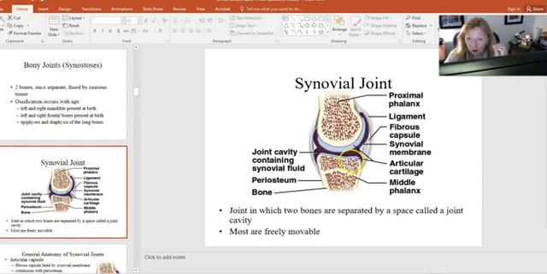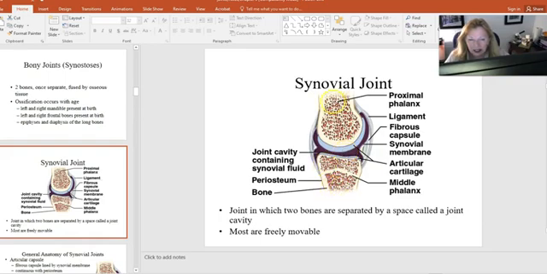All synovial joints have a pad of cartilage at the ends of the two bones that are meeting. So at every synovial joint where the two bones are meeting, there is this padded piece of cartilage at the ends of both bones. This is referred to as articular cartilage, because articulation means communication, and communication means the meeting of these two bones at this particular site.